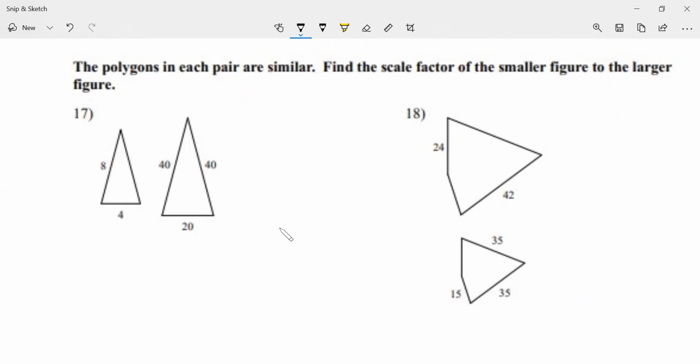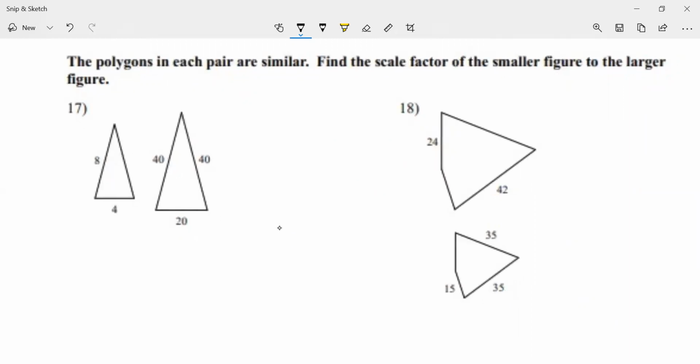You guys have seen this when you compare model cars, or when you build model trains and model airplanes. You can go in there and it has a scale. Sometimes they write the scale as a fraction, 1 over 3, or let's say 1 over 17.